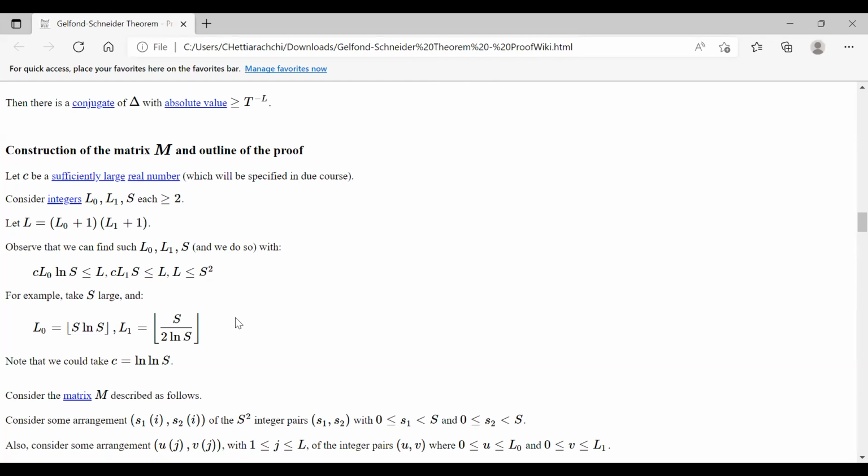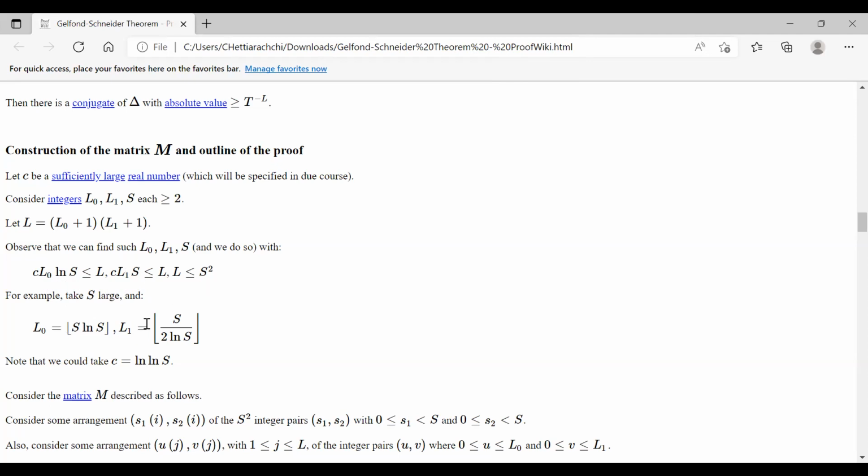So now we can find L0, L1, S such that C times L0 S is less than or equal to L, C times L1 S is less than L, and L is less than S squared.